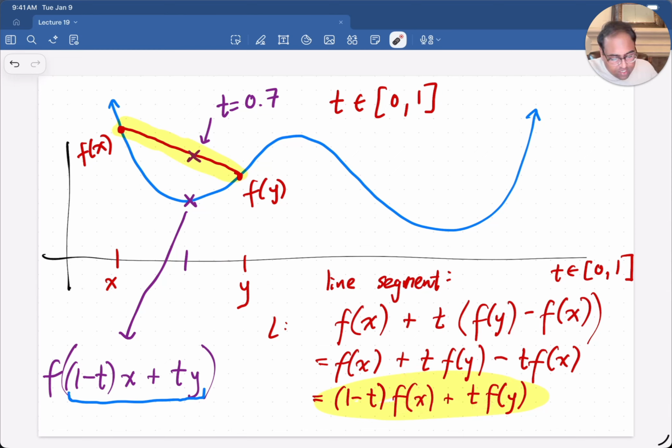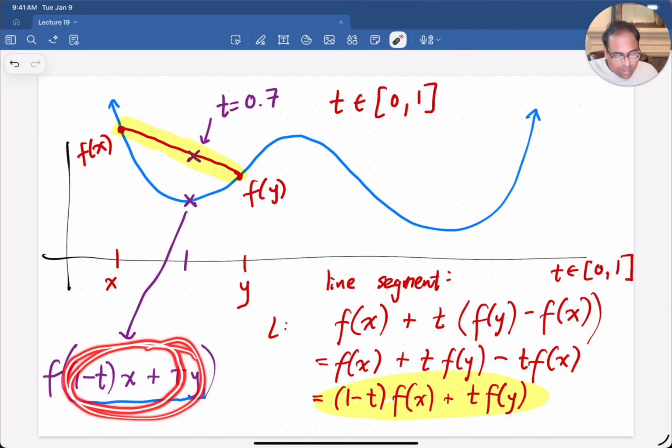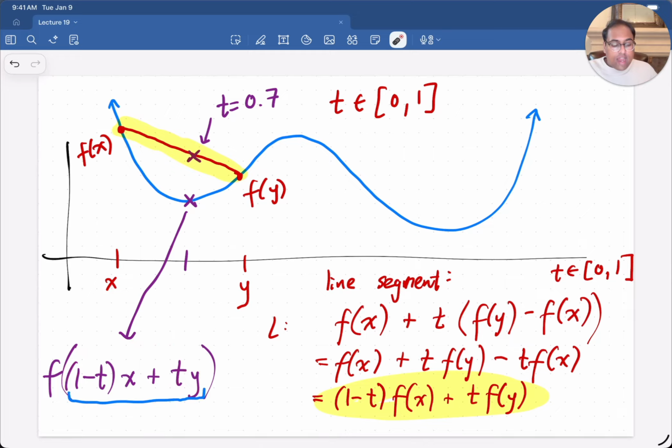So if t is equal to 0, this thing outputs x, and if t is equal to 1, this thing outputs y, and if t is somewhere between 0 and 1, this is going to be somewhere between x and y, okay? And now all I'm doing is taking that point between x and y, and remember x and y are just two inputs to the function, here it would be a number, but in general it would be a vector as well, and I'm passing that into the function.